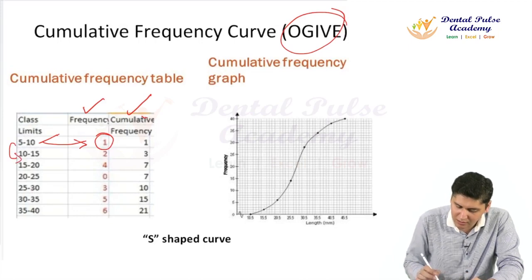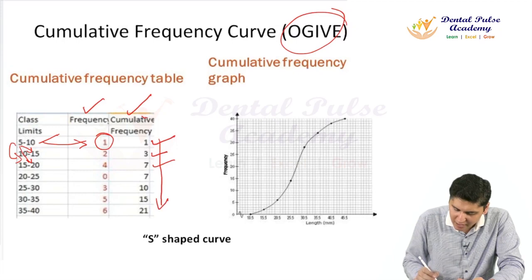For example, you see in this table, there is one person in the class limit of 5 to 10, and then 3 persons in the class limit of 5 to 15, and then 7 people in the class limit of 5 to 20. So as I go down the table, we add the number of people in every class limit.